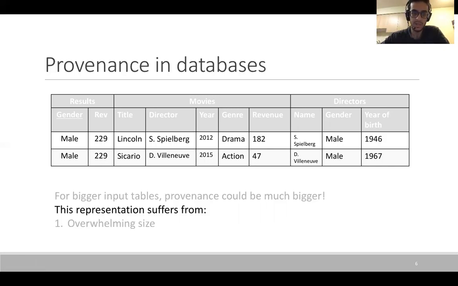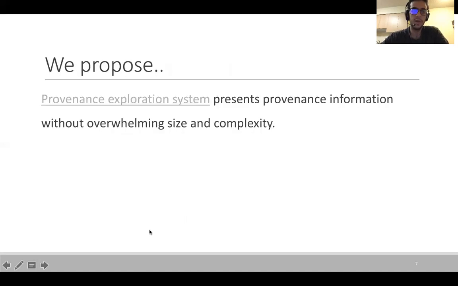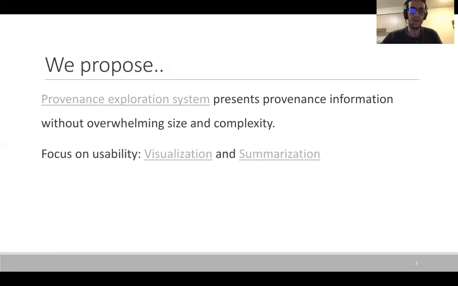This representation suffers from overwhelming size as well as complexity. What we propose is a provenance exploration system, which presents provenance information without this overwhelming size and complexity. Our focus is on usability in two aspects, mainly visualization and summarization.